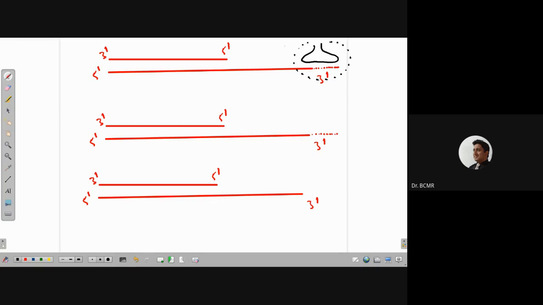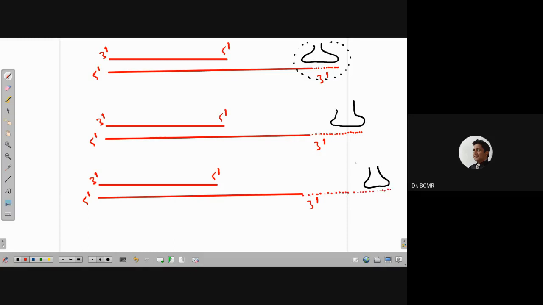The telomerase that was present in this place will move something like this, and then it will also synthesize more DNA molecule. It is just extending this region by a large margin. So it will now move to the next position like this, and then more DNA molecule would have been produced, something like this.